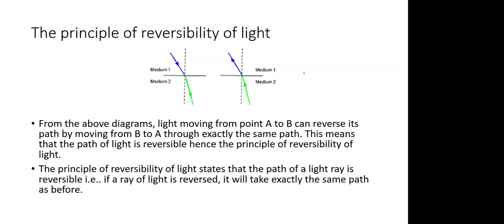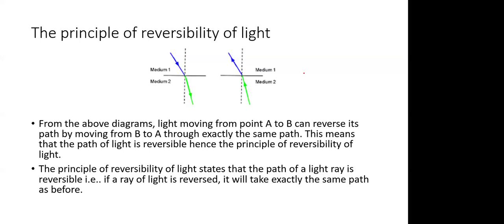So reversibility means that when light moves from one medium to another, it can follow that same path and go back where it came from. So the principle of reversibility means that the path that light takes is reversible.